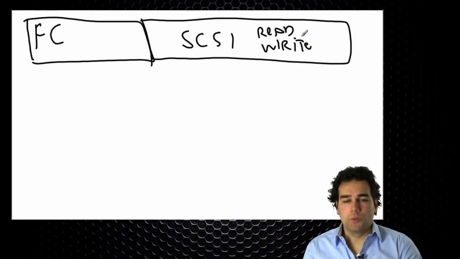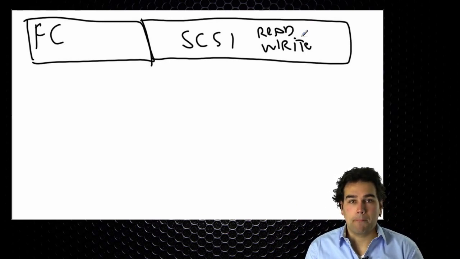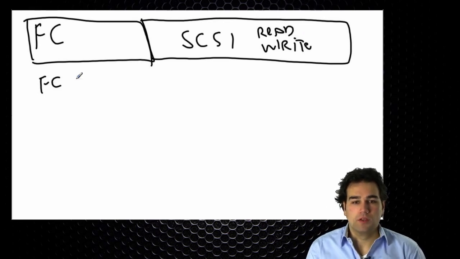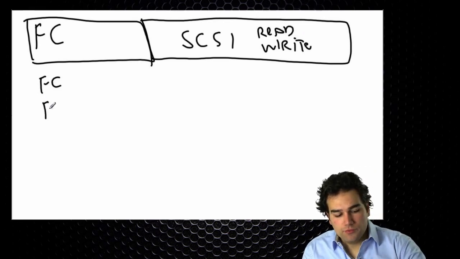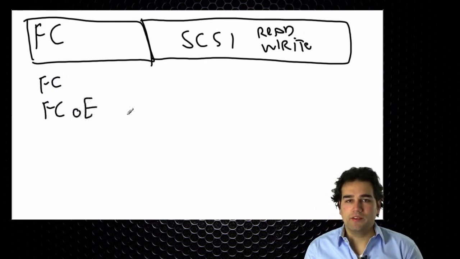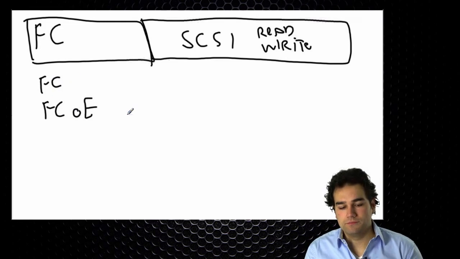Now there are other ways to transport SCSI commands across the network. This is just native Fibre Channel. Of course we already talked about Fibre Channel over Ethernet. Fibre Channel over Ethernet is used a little bit different because it is just Fibre Channel.